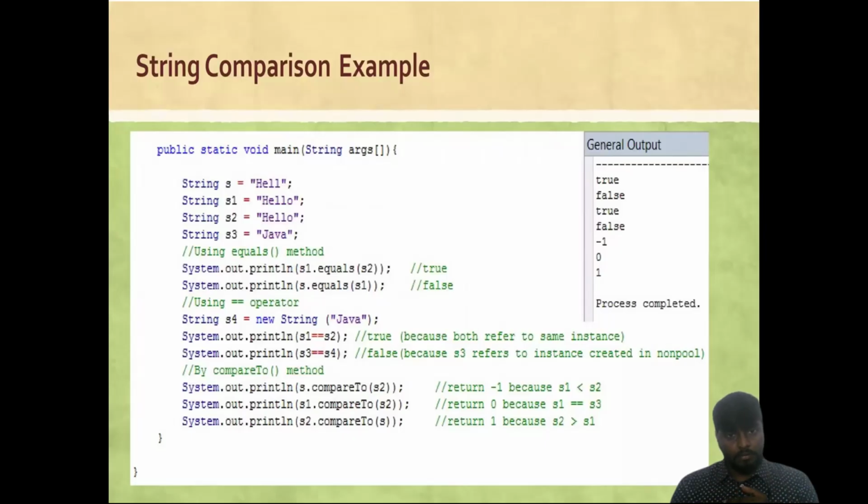If I'm comparing S dot equals S1, it is not true because it does not consist of all the characters present in S. Using the double equals operator, S1 is double equal to S2, it's true. S3 is double equal to S4, it's also false.